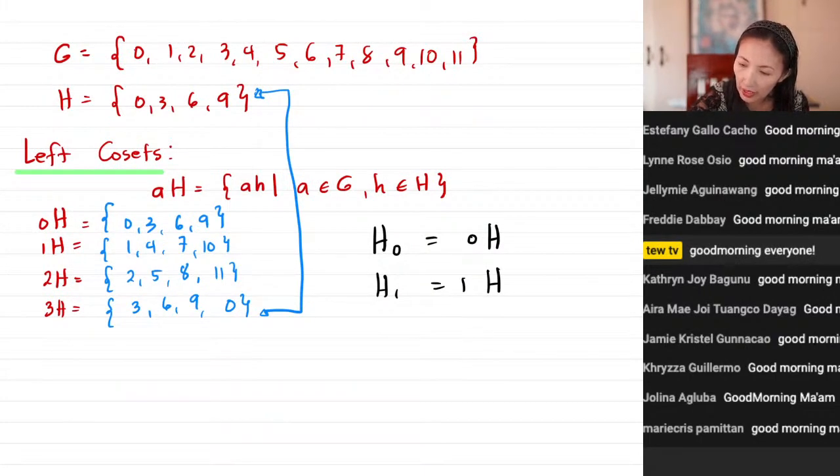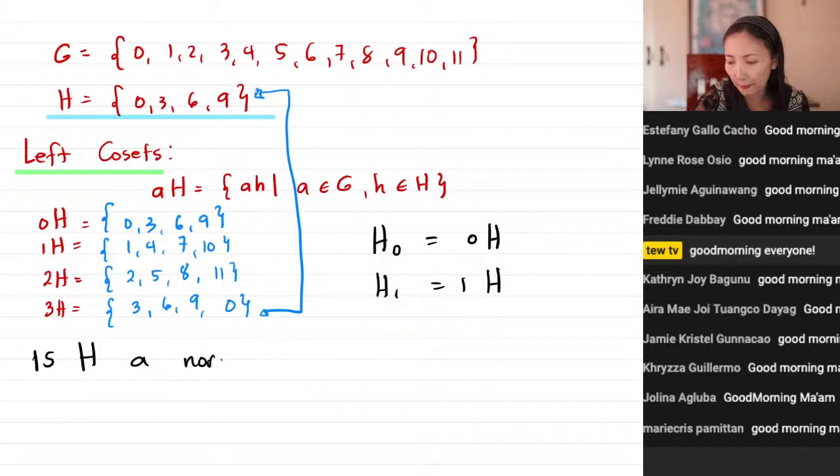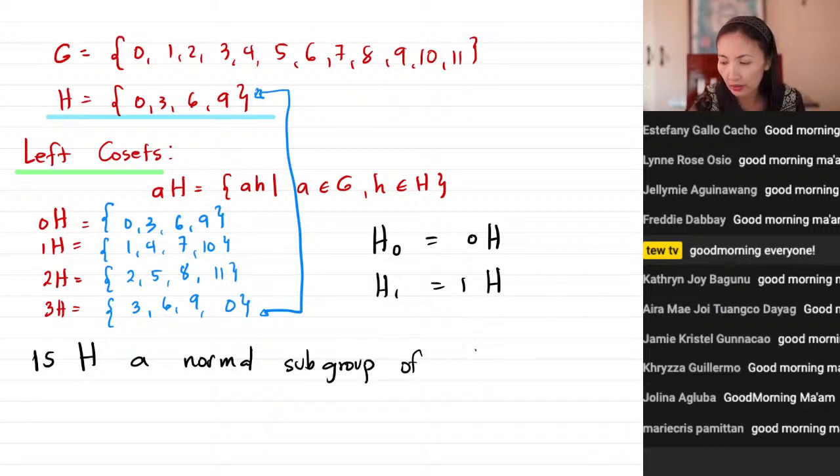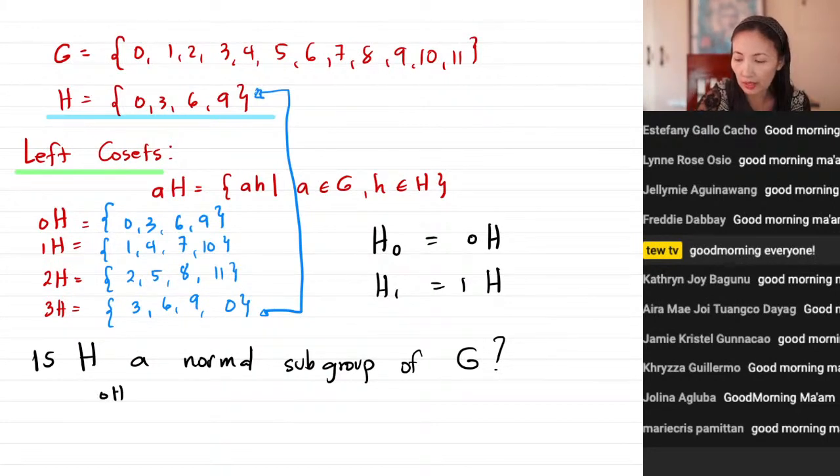I'm referring to this H. Question: is H a normal subgroup of this group G? Again, 0H equals H0, 1H equals H1.